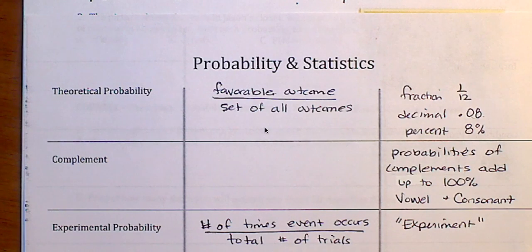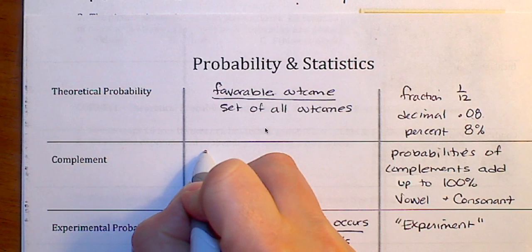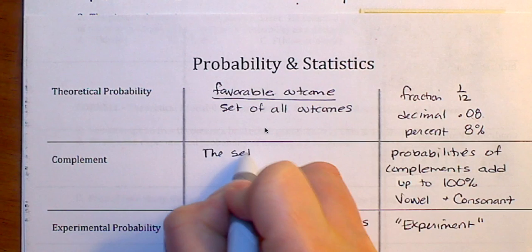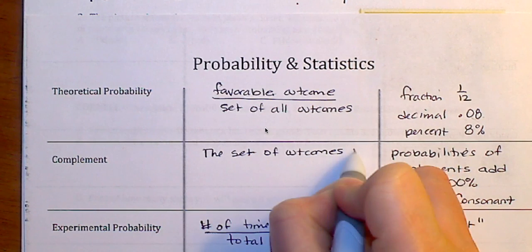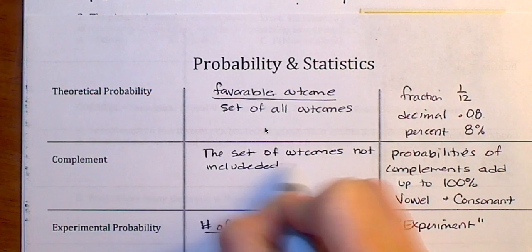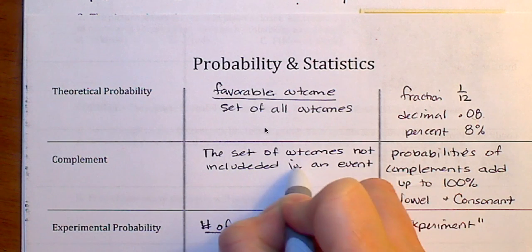The other thing we know about complement is the way they say it: it would be the set of outcomes not included in an event. That sounds a bit confusing, but this is what I mean.